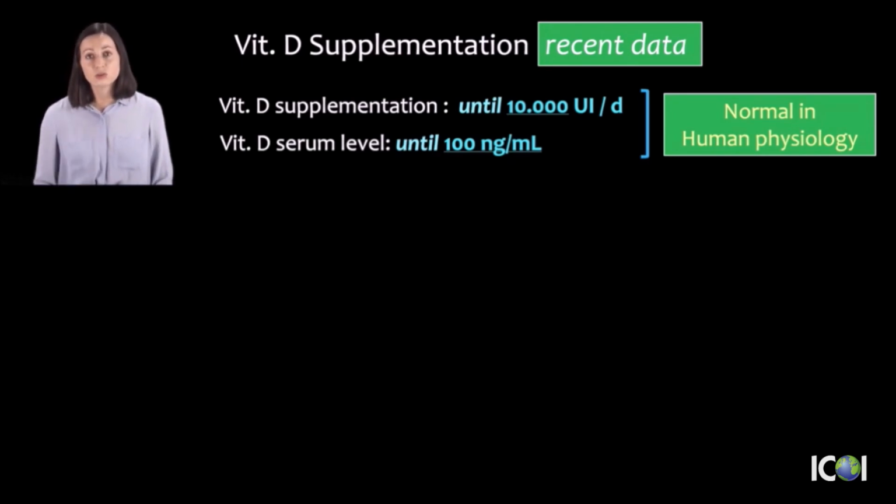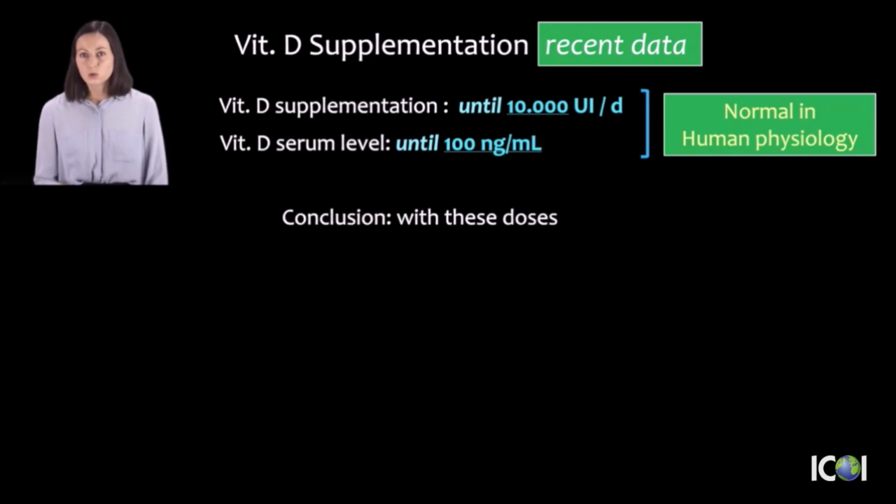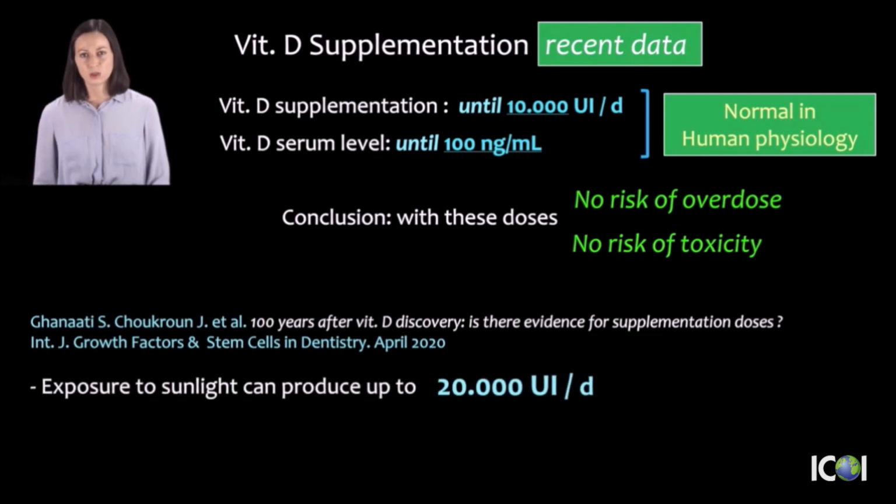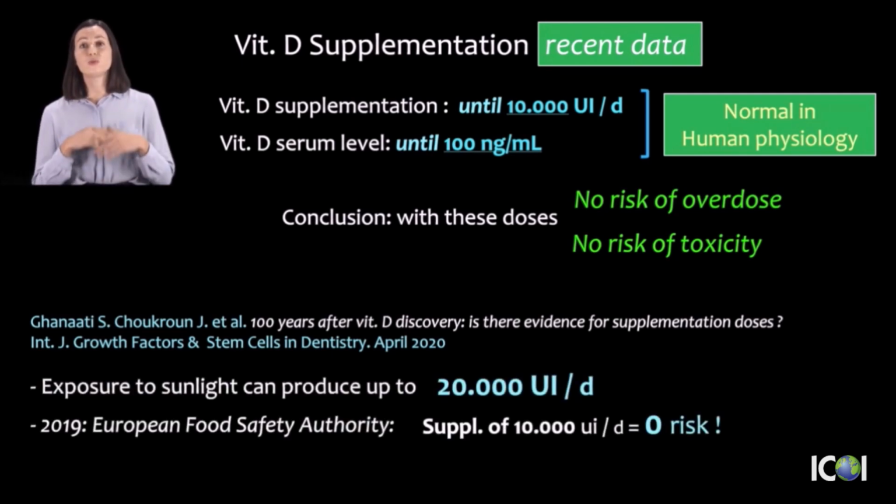Yes, it is normal in human physiology. With this dose, we don't have risk of overdose and toxicity. To give you an example, when you spend the full day under the sunlight, your body produces up to 20,000 units per day, meaning giving your patient 10,000 units is at no risk at all.